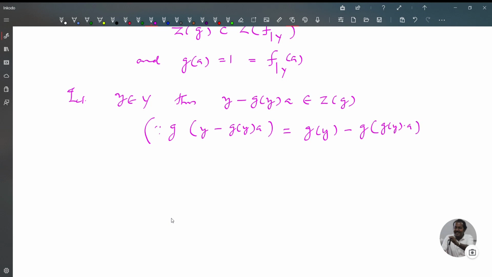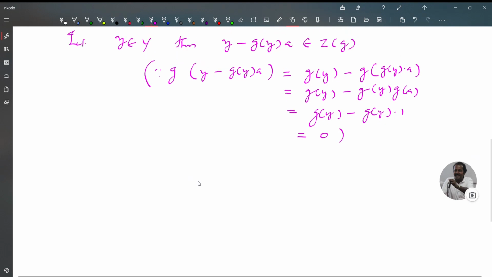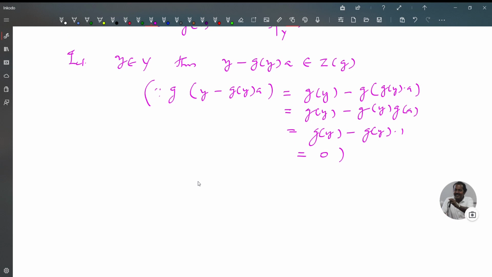Now again, by linearity of g, you can take this g of y outside, into g of a, and this is g of y minus g of y into 1. So this is equal to 0. So y minus g of y into a belongs to the zero space of g. And we have the zero space of g is contained in the zero space of f restricted to Y. Therefore, y minus g of y into a belongs to the zero space of g, that is contained in the zero space of f restricted to Y.